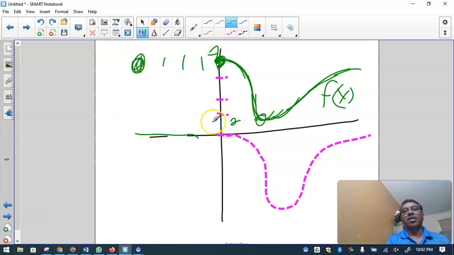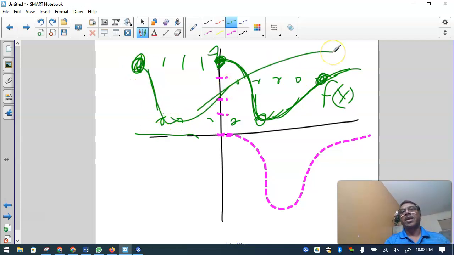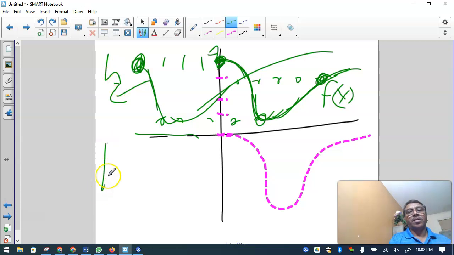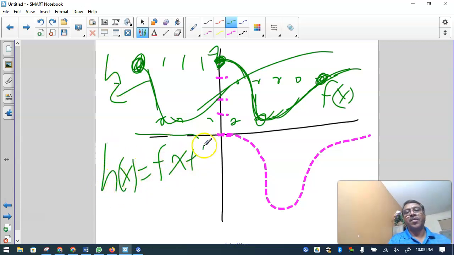Maybe one point here is 1, 2, 3, and 4. So it's like this. The same thing, but shifted 4 units to the left. So the new graph, h, is the original f of x plus 4, because you're moving to the left. Hope that helps, and get ready for the quiz on Friday.